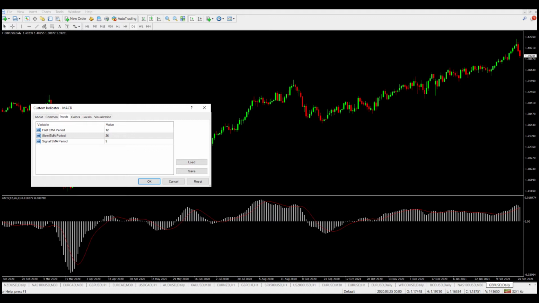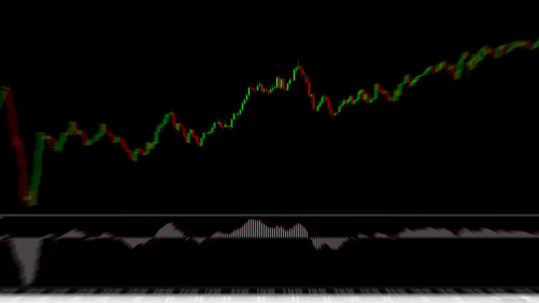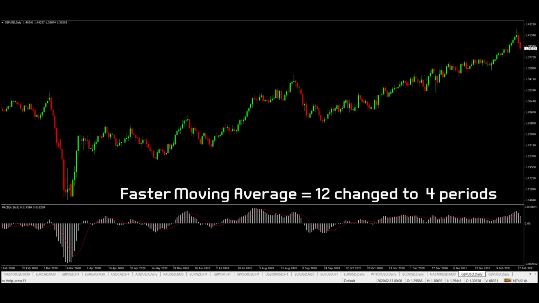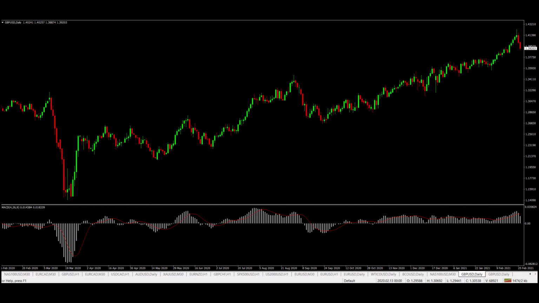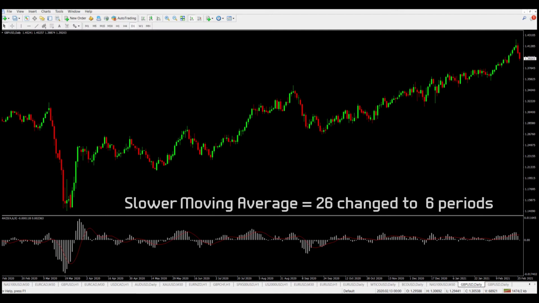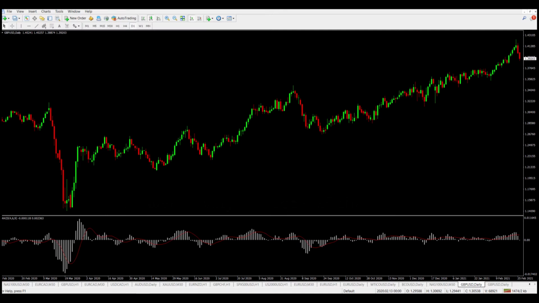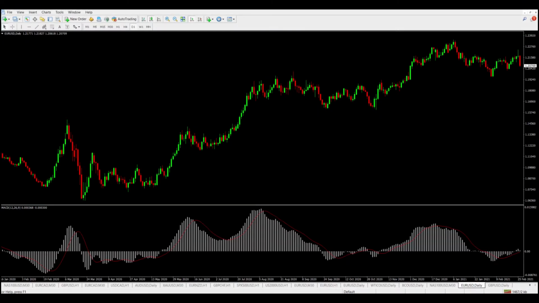As you can see on the screen, we have the MACD with 12, 26, and 9. However, when I change the 12 to 4, the histogram becomes more choppy. If I now change the number of periods used for the slower moving average from 26 to 6, then you can see the histogram smooths out because the difference between the two moving averages is less.